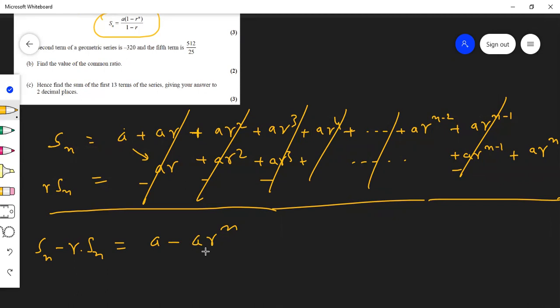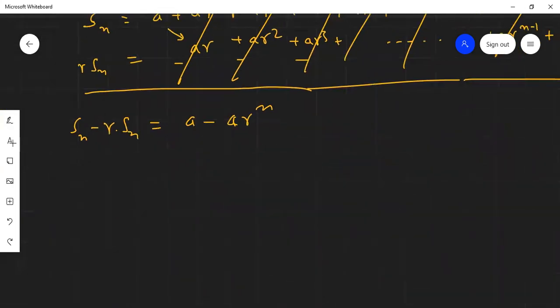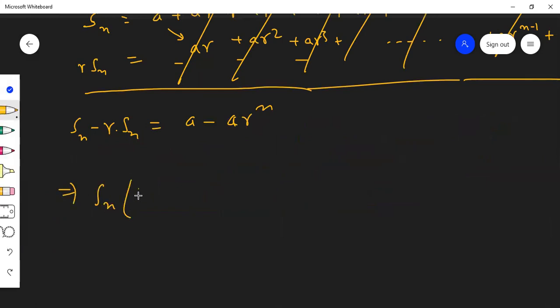Now this can be solved for Sn because we can take Sn common here: Sn times 1 minus r is equal to a common, and after taking a common we get 1 minus r to the power n.